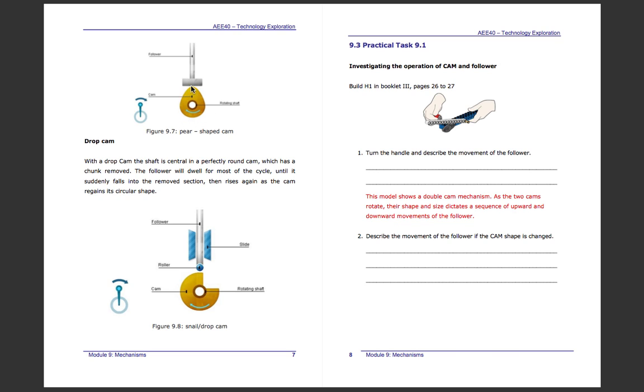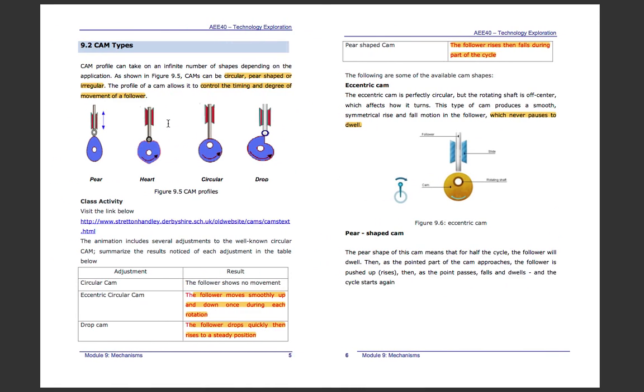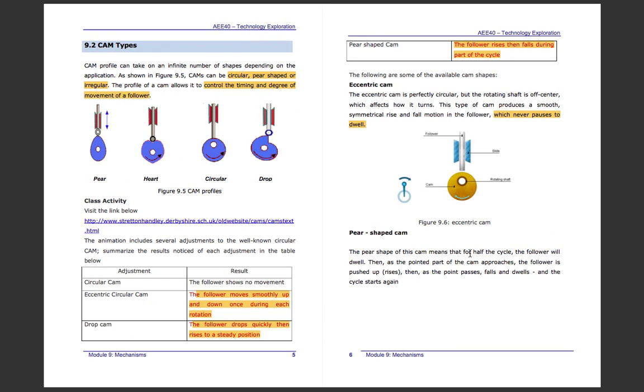And for part of the cycle, when it reaches the pointed end of the cam, it rises and then it drops. That's what it says here. Half of the cycle, follower will dwell. What does dwell mean? Dwell means it will stay at rest. It will not move. Then, as the pointed part of the cam approaches, the follower rises and then it falls.